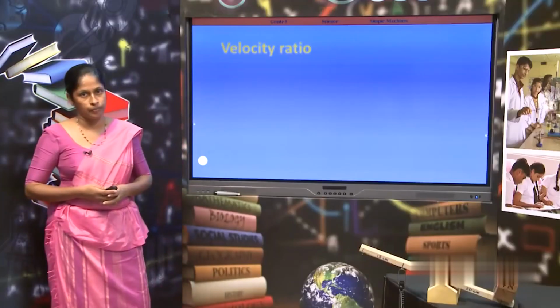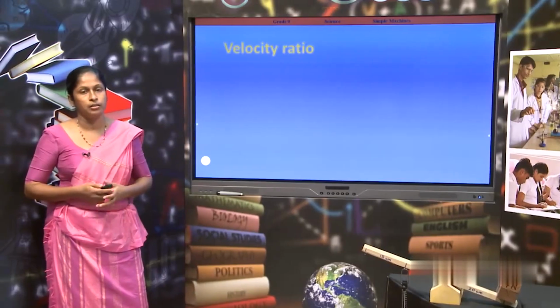Velocity ratio. Another special factor that we have to discuss about simple machines is velocity ratio. In third order levers, I told you it is a distance multiplier. That means the ratio between distance moved by the effort and distance moved by the load is called velocity ratio.